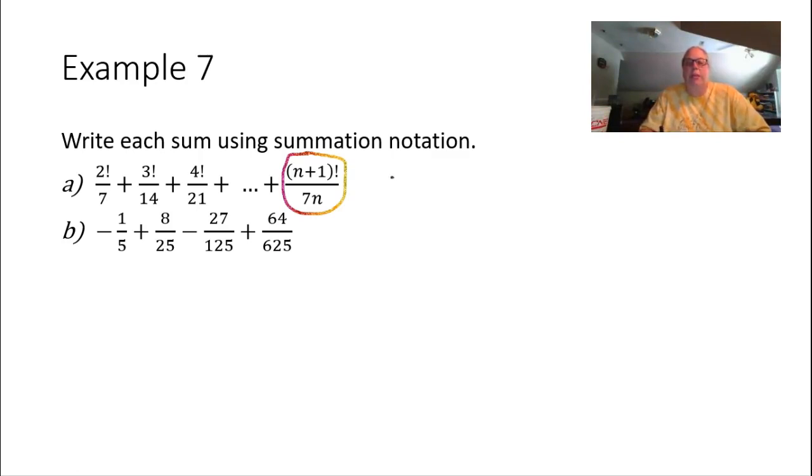So when I do my summation notation, we want to have the sum of n plus 1 factorial over 7n. Now, keep in mind, we want to generate this particular sequence right here, which has n's in it.